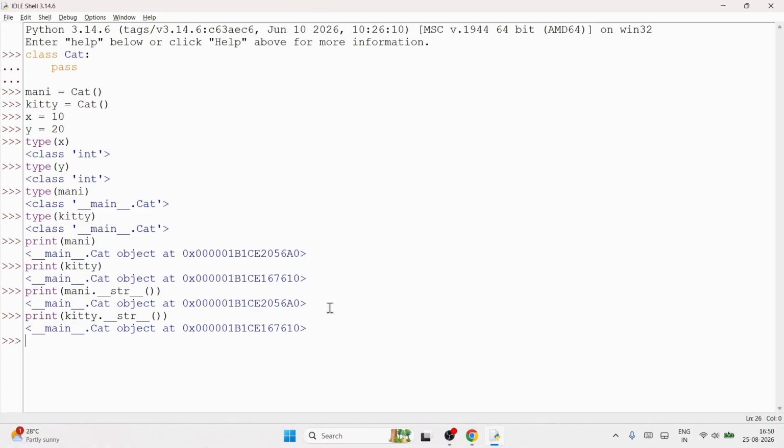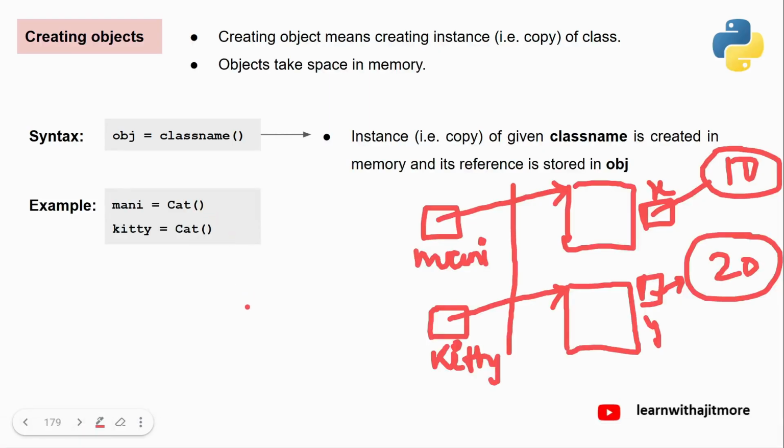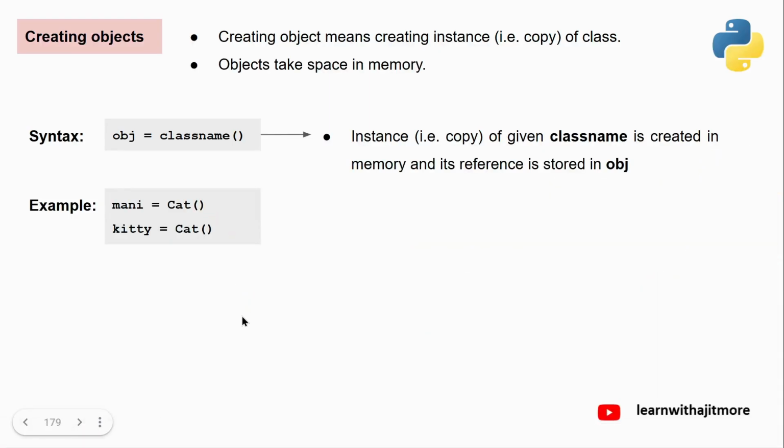Getting? Again, listen. Whenever you create a class in Python, and if it doesn't have any parent, see, I'm creating a class cat colon. Now, is there any parent class to this cat class? No. There is no parent class to this cat class.